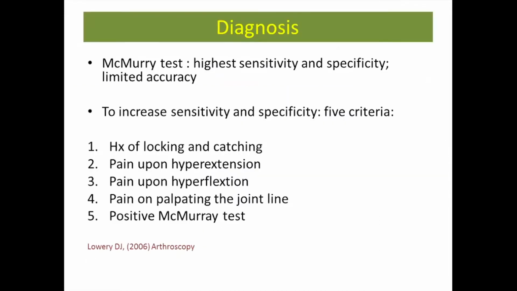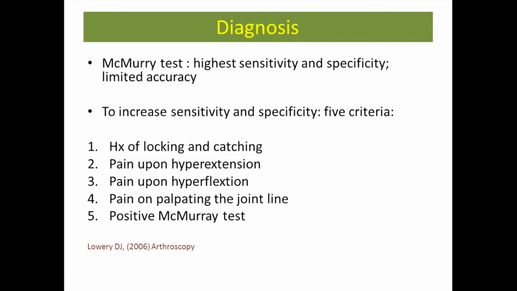We have, of course, different methods to diagnose, starting from the relevant history, examination, and investigations. One of the examination techniques is McMurray's test, which is said to be of high sensitivity and specificity, but kind of limited accuracy, because as we have all felt at one time or the other, a little bit of difficulty in interpreting what we have found while doing the McMurray's test.